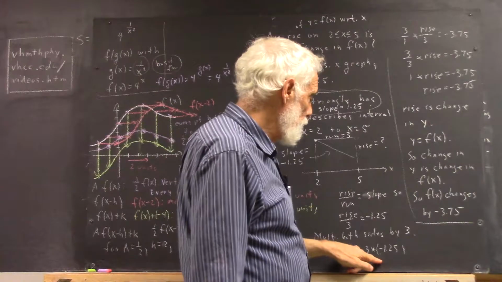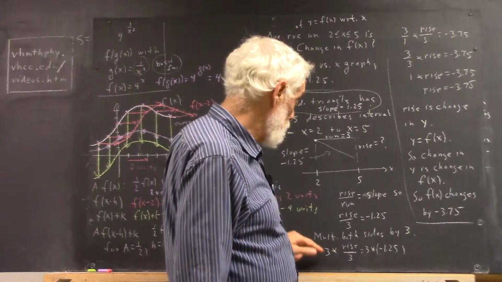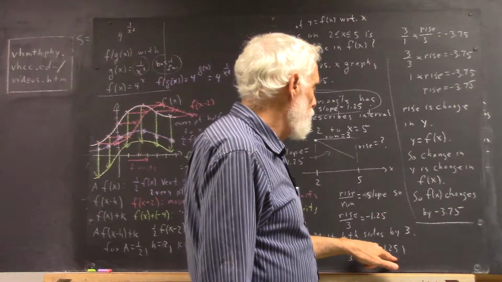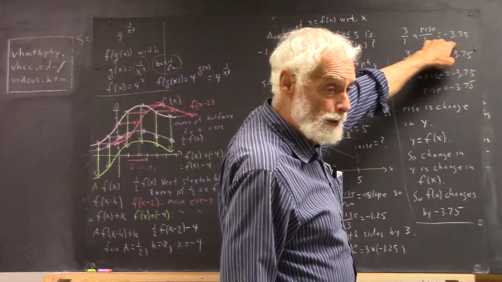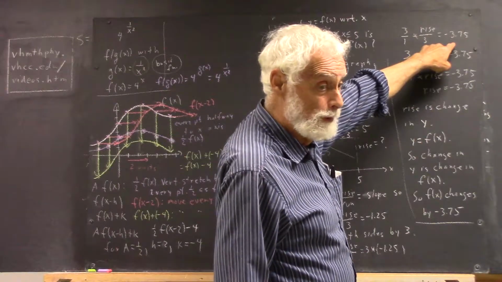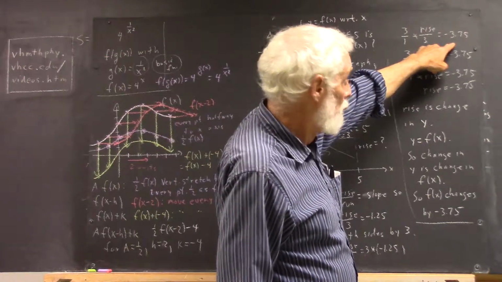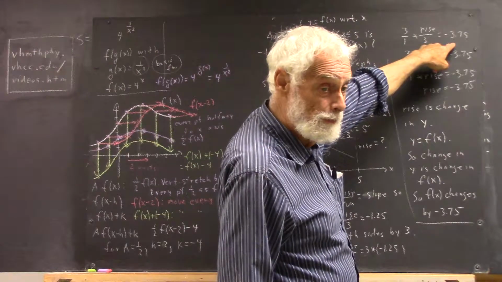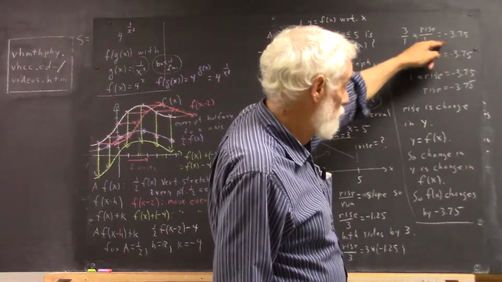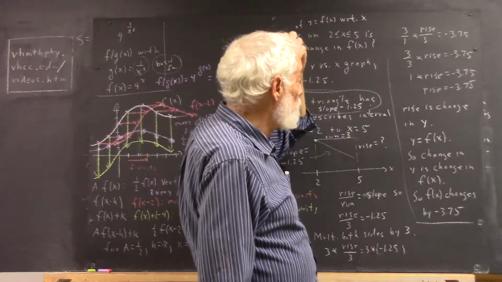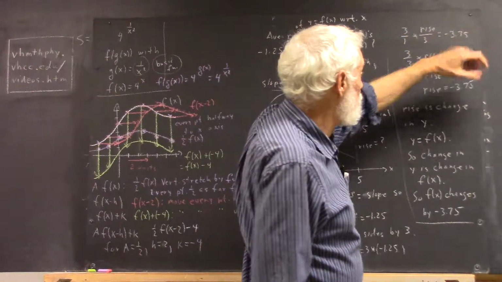And of course the right-hand side, that will be the left-hand side because 3 is the same as 3 over 1. And the right-hand side, we can multiply that out. And if I give you $1.25 and do that 3 times, you know you get $3.75. So 3 times 1.25 is certainly 3.75. And since you have the negative on the one quantity, you get the negative there. Okay, so the right-hand side is easy.